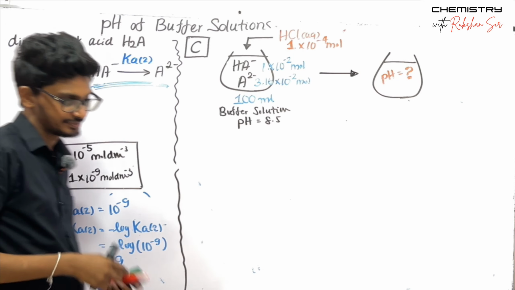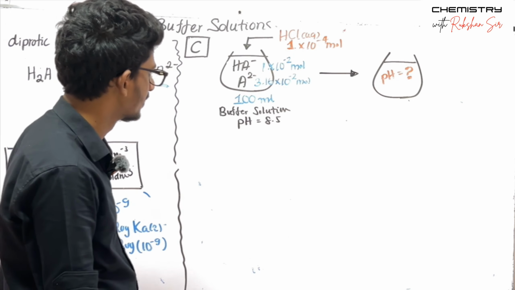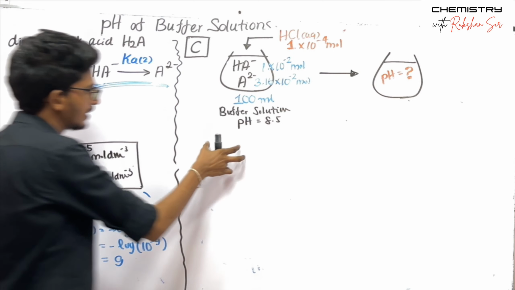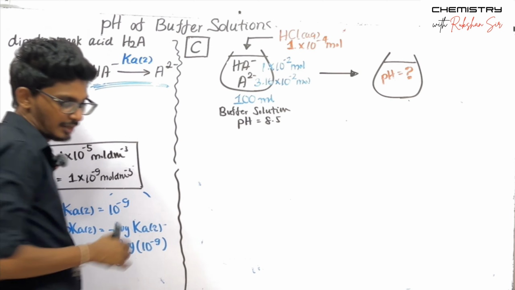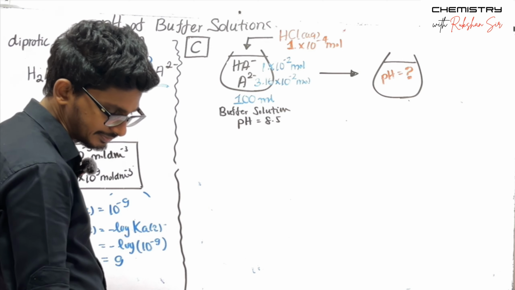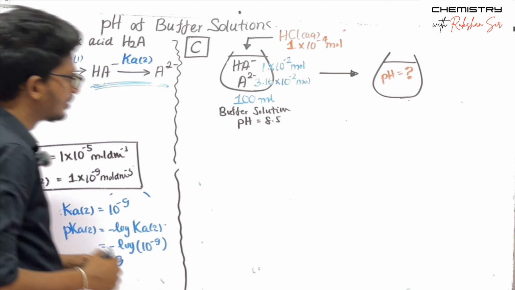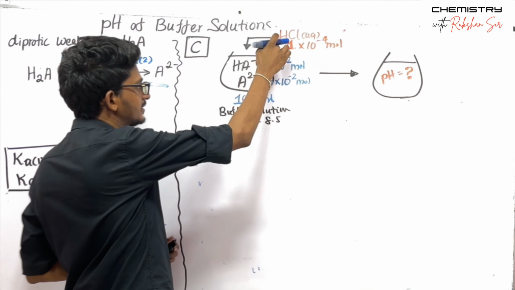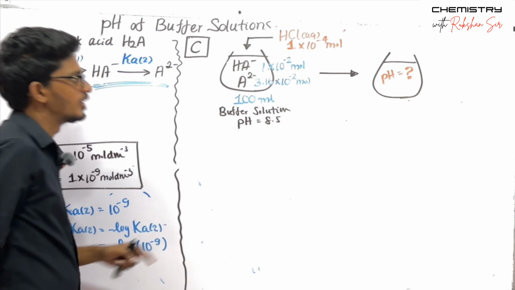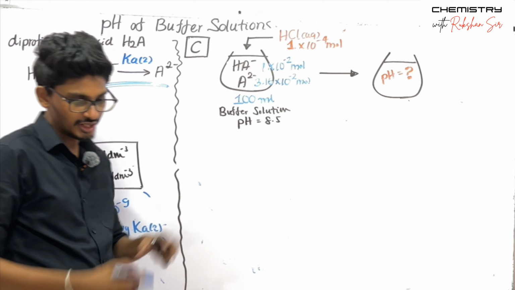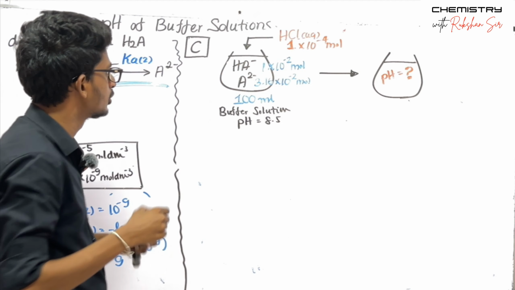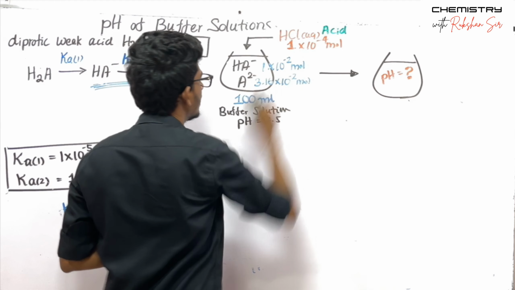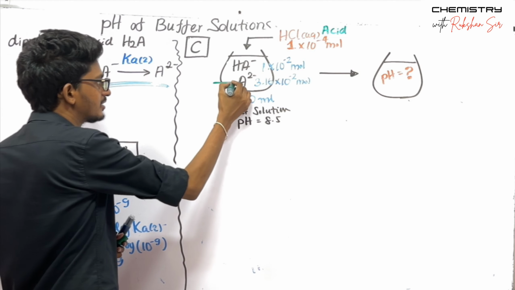Okay. So how to do this? First of all, let's come up with the equations possible here. HCl is added to this solution. HCl is an acid, so the base in the solution will react with this acid.